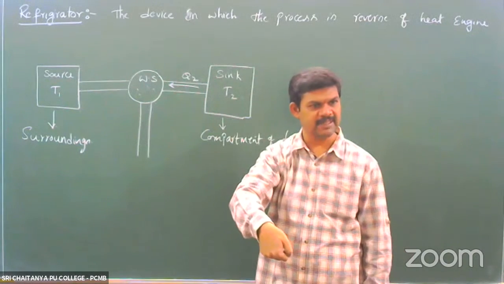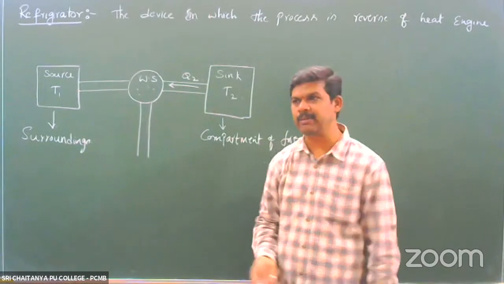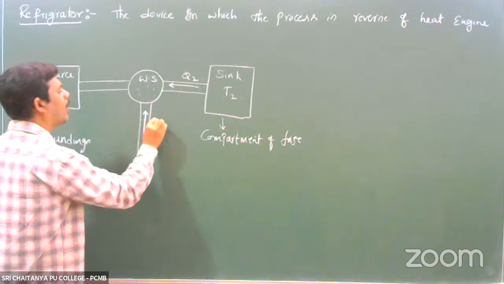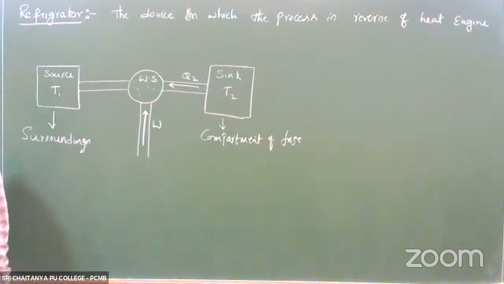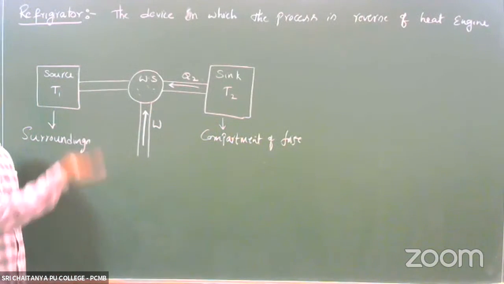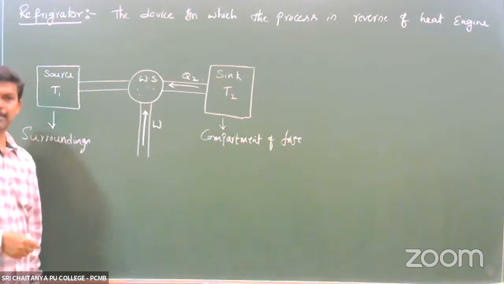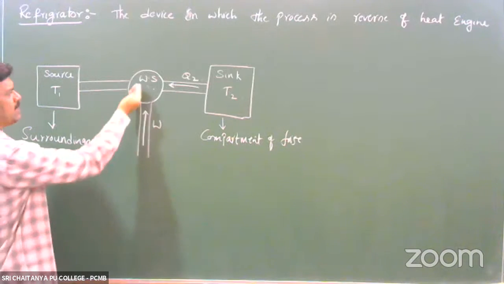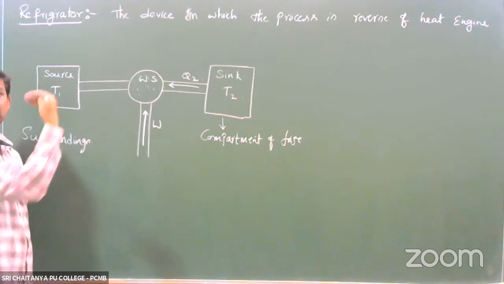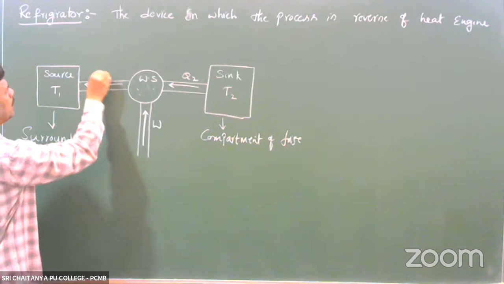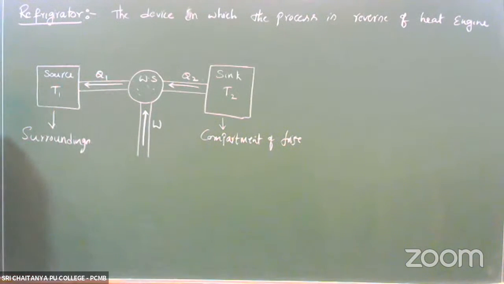Whenever we compress it, what does it mean? Work is done on the gas, done on the system, done on the working substance, meaning compression. Whenever compressed, it gives out heat forcefully. Then it gives out heat Q1 to the source.